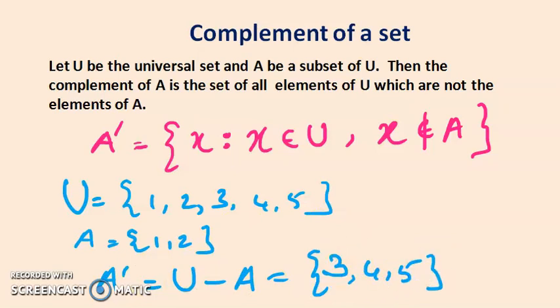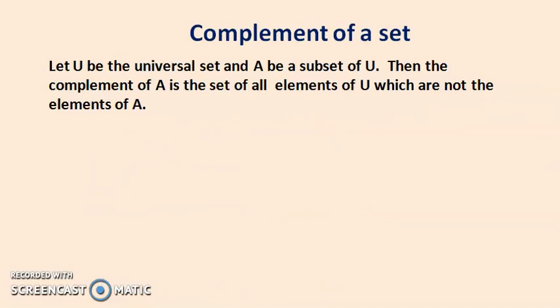How to represent this in a Venn diagram?